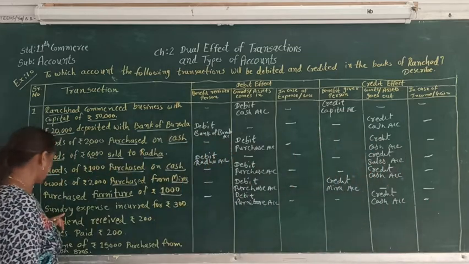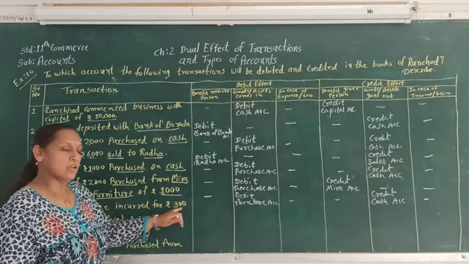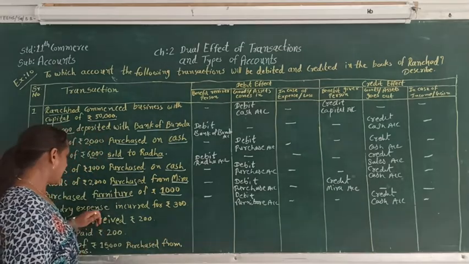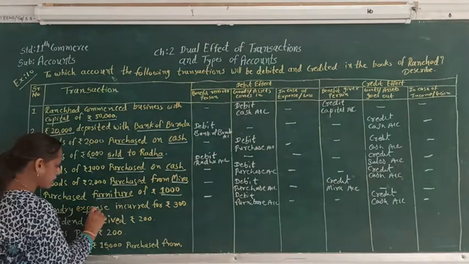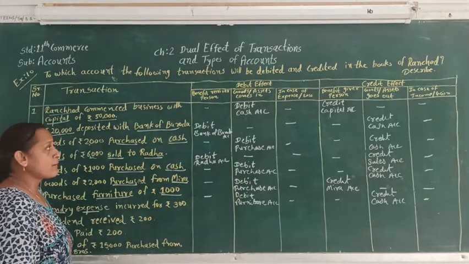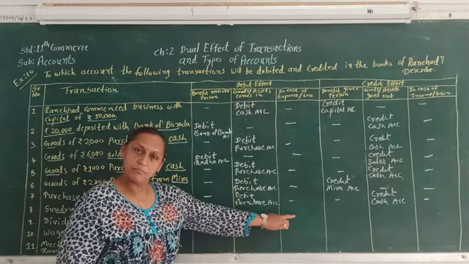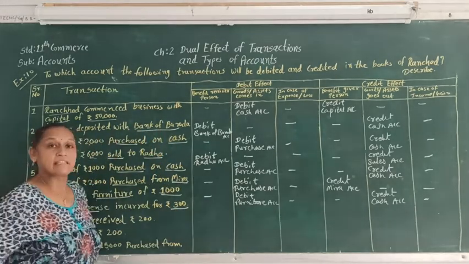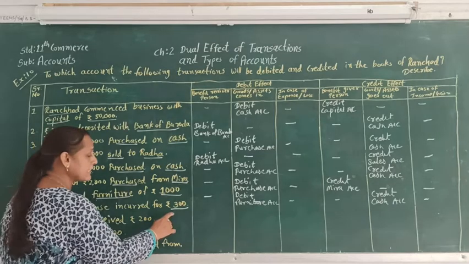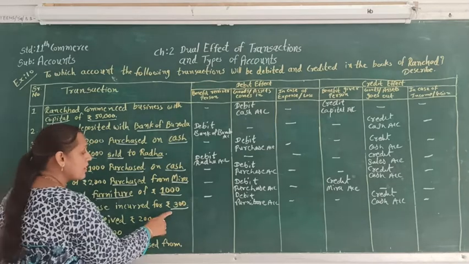Next transaction is sundry expense incurred for 300. So here we have incurred the expense. Sundry expense is a nominal account and a nominal expense is going to be debited. And as we are paying cash of rupees 300, cash is a real account.